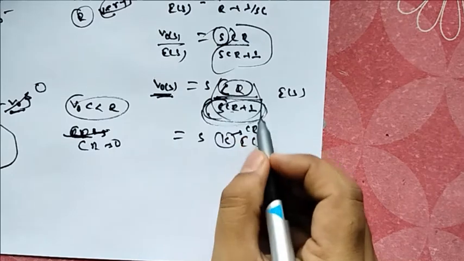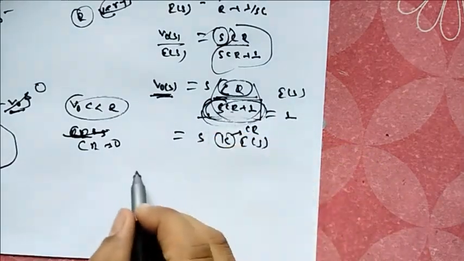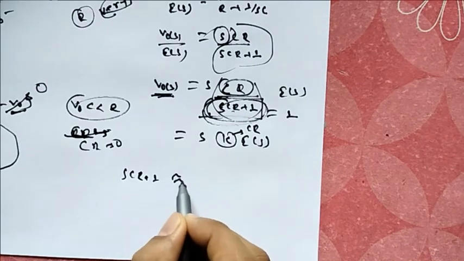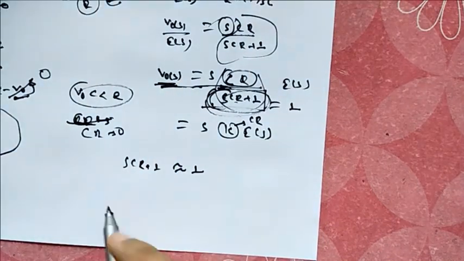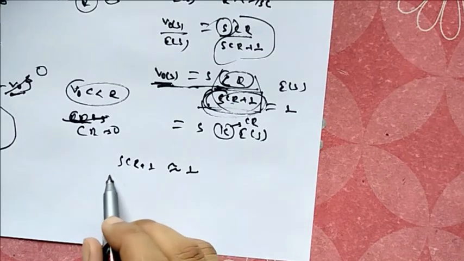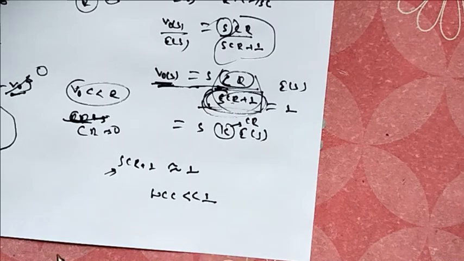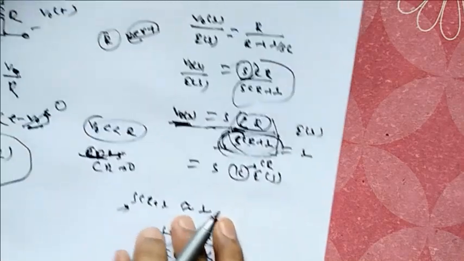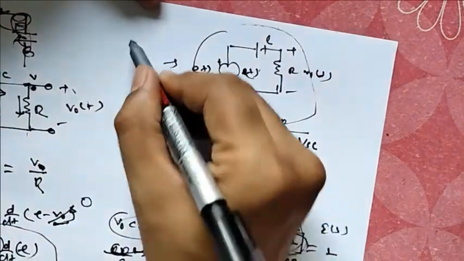For this to become very less than 1, then only the denominator SCR plus 1 will be equal to 1, then our equation is going to be like a differentiator. Then how can we do it? This will be very less than 1 only if I replace S by j omega, omega CR must be very less than 1, then only we are going to get a differentiator. So this type of thing we can get in the Laplace mode.